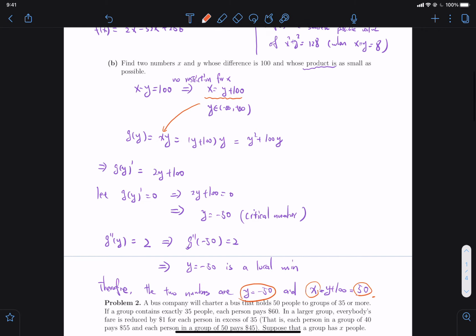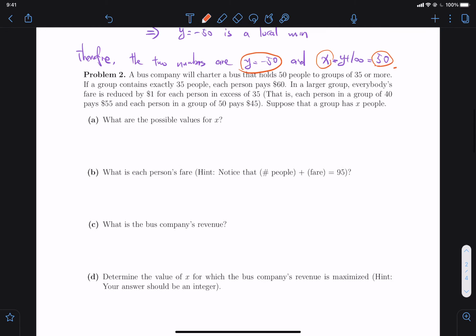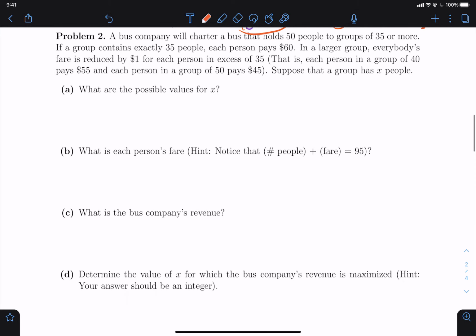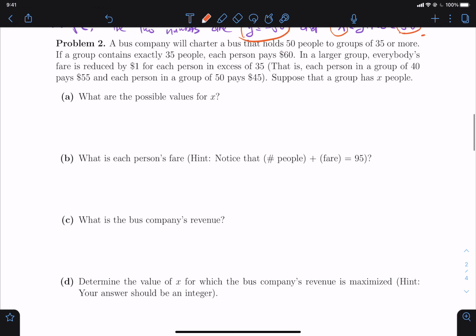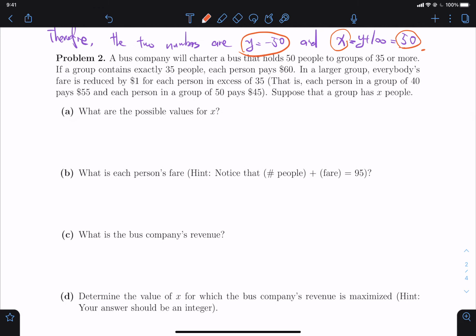Question 2. Here we have a bus company that will charter a bus that holds 50 people to a group of 35 or more. So basically, the more people you have, the cheaper the price is.